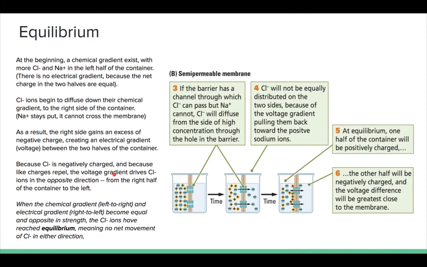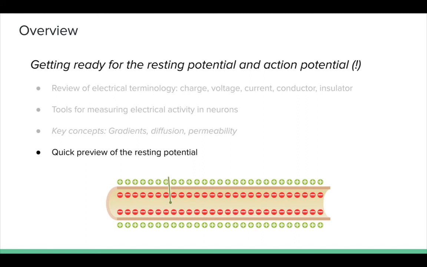All right, so this idea here, this idea of diffusion of charged particles through a semi-permeable membrane to the point that balances the chemical and electrical gradients and therefore reaches equilibrium, this is the key idea of what drives the resting potential.